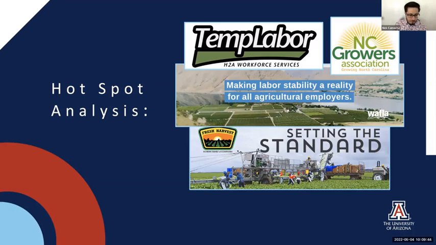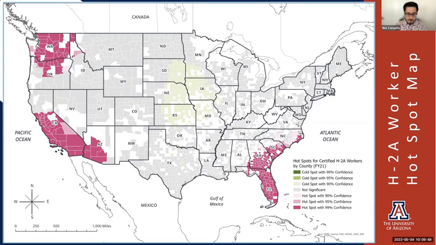Moving on to hotspot analysis. The choropleth map locates counties in California, Arizona, Florida, Washington, North Carolina, measuring above average standard deviation with unemployment population compared to certified H-2A visas. The top 10 H-2A requesting states had a combined total of over 216,000 visas certified and an unemployment population of over 6.6 million people.